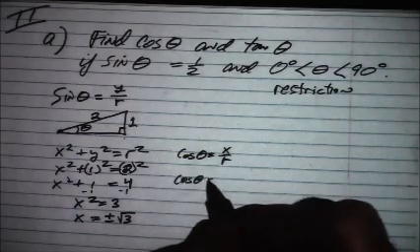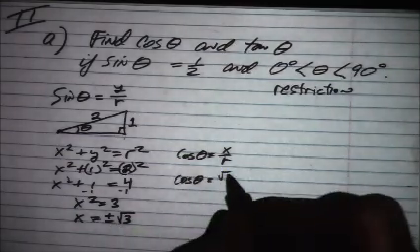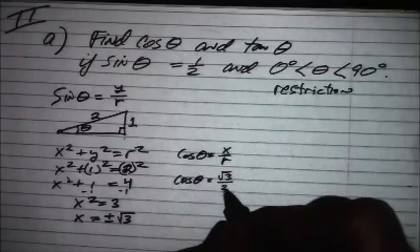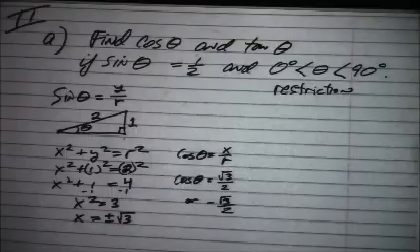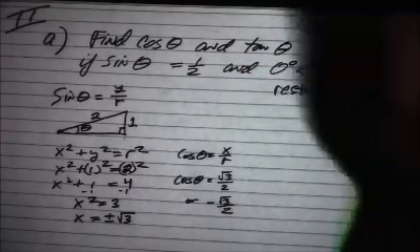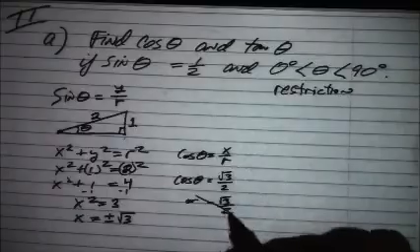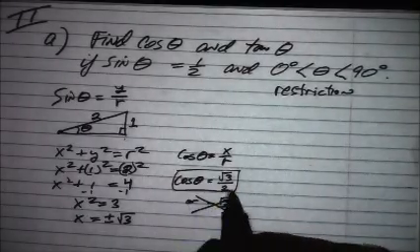Cosine of theta is going to be either positive or negative. It's going to be the square root of 3 over 2, or it's going to be the negative square root of 3 over 2. But from this restriction, we know we're in the first quadrant and cosine is only positive. So therefore, this is the cosine.